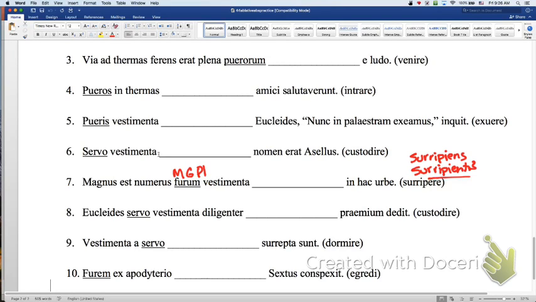So what would this be in the masculine genitive plural? Yep, rapientium, right? So you're going to say great is the number of the thieves snatching clothes in this city.